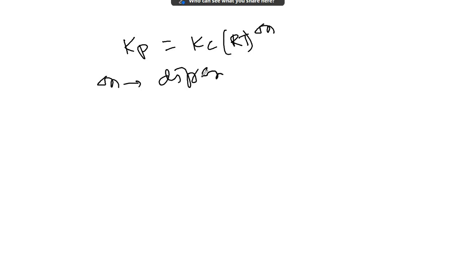The relation is Kp equals Kc (RT) to the power delta n. Delta n means the difference between the moles of product and reactant.